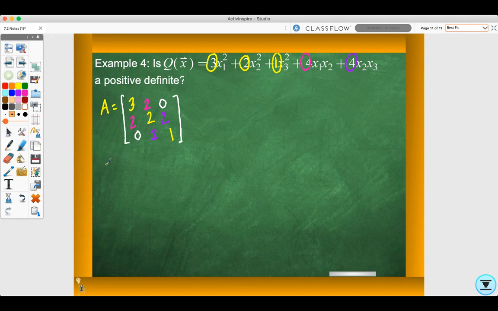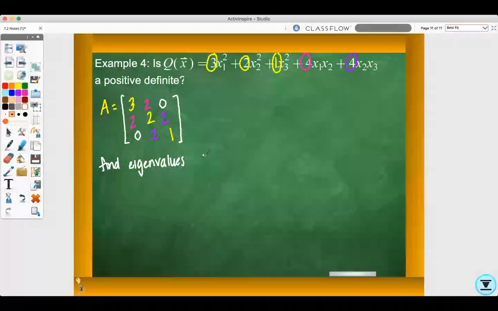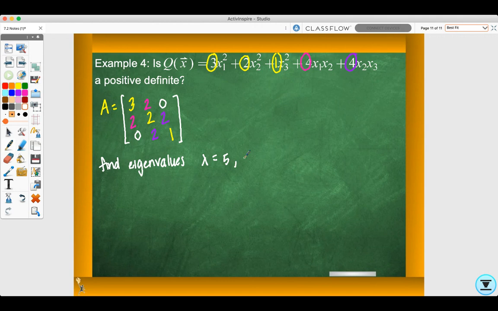So you need to find the eigenvalues, like we did in the previous example. We're not going to go through that process again, but you should get, and if you want to try and practice, lambda equals 5, 2, and negative 1.